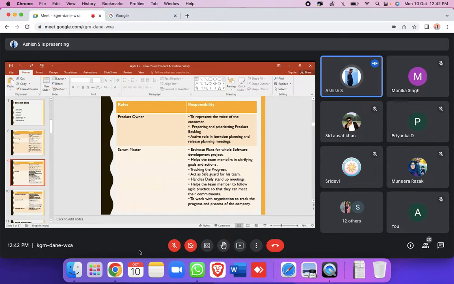The next one is product owner. There are 2 types of product owners. Do you know what the 2 types are? Anyone? Shall I ask randomly?